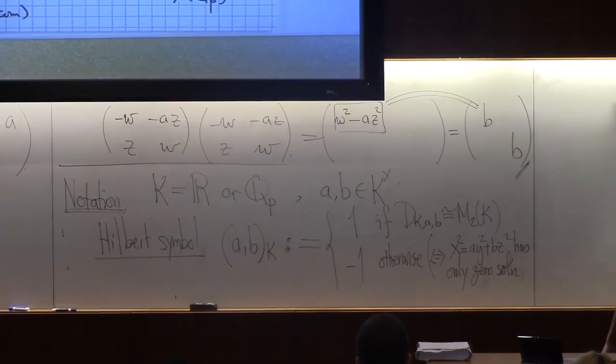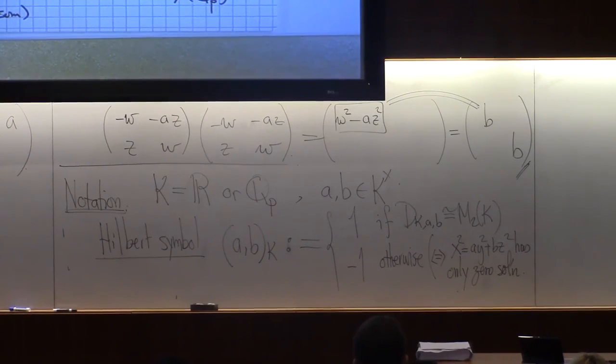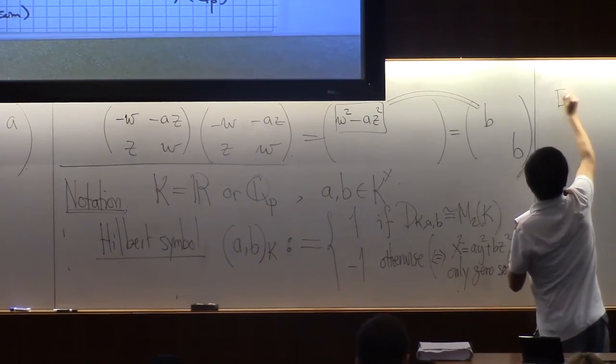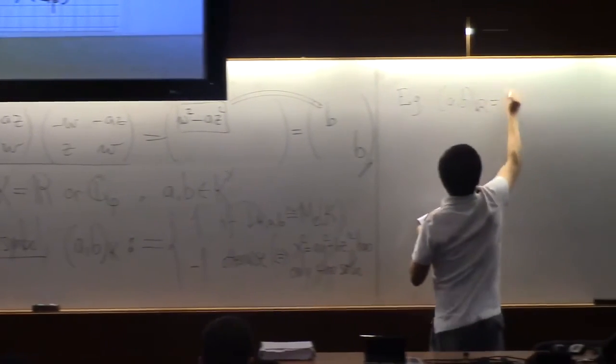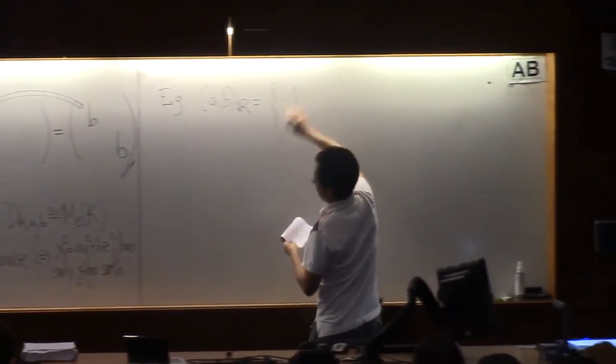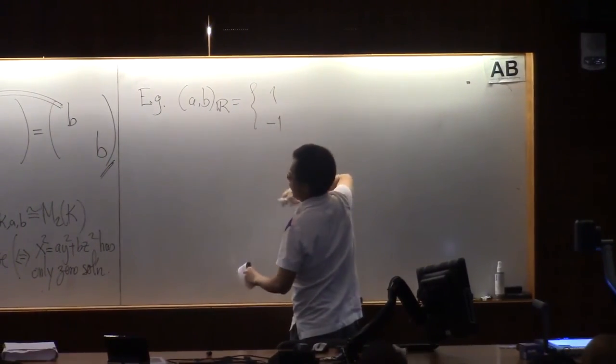So right now, it's just a convenient way of telling these two cases apart, whether the quaternion algebra is isomorphic to the matrix algebra or not. Maybe just give one quick example. So for the reals, I'm just reinterpreting what we have learned.